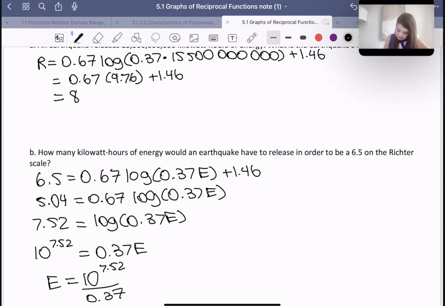So that's going to end up being, let's see. Ooh, that's a big number.